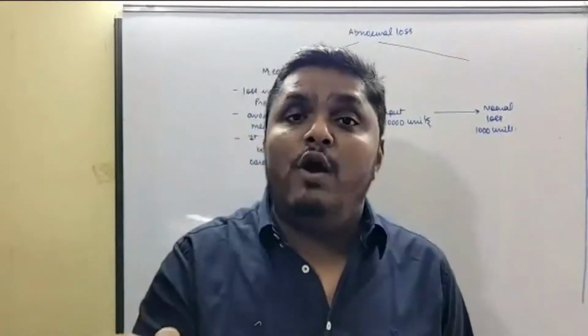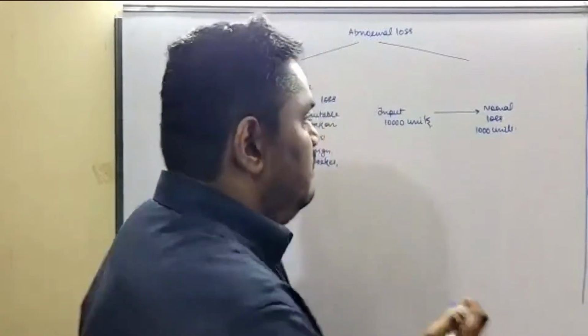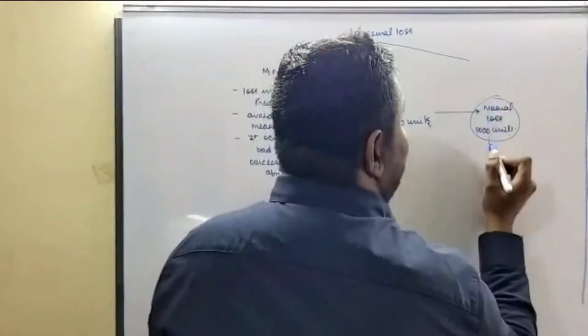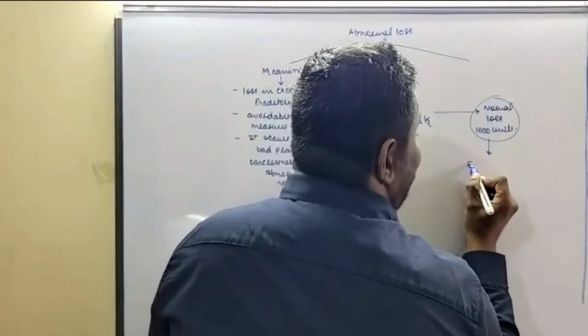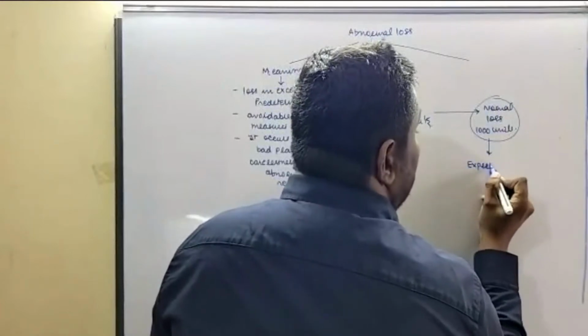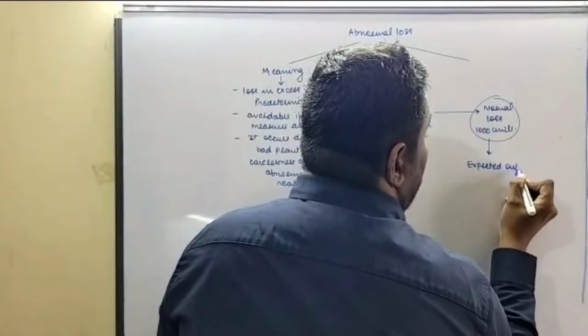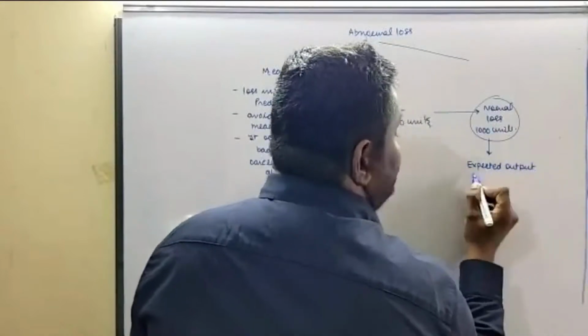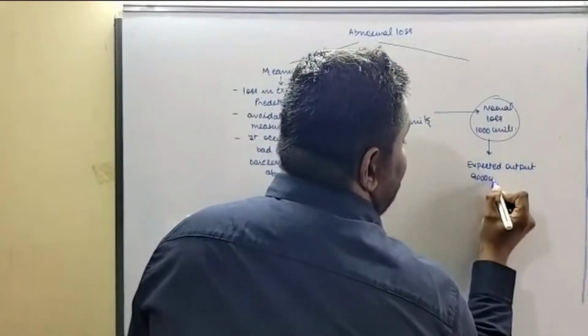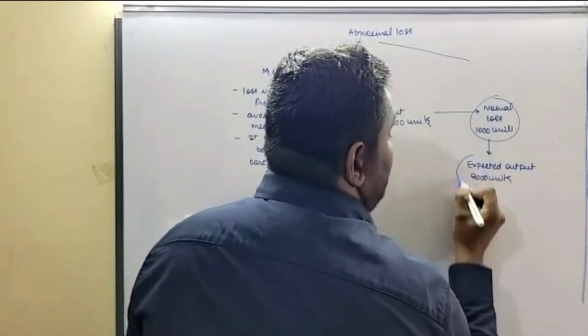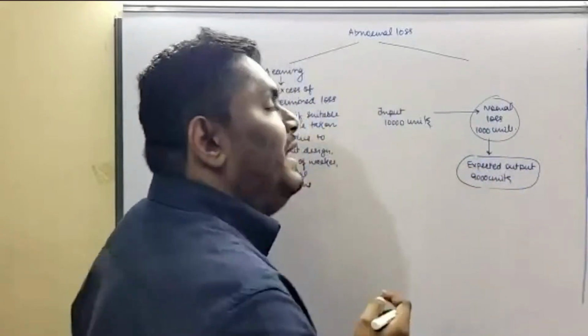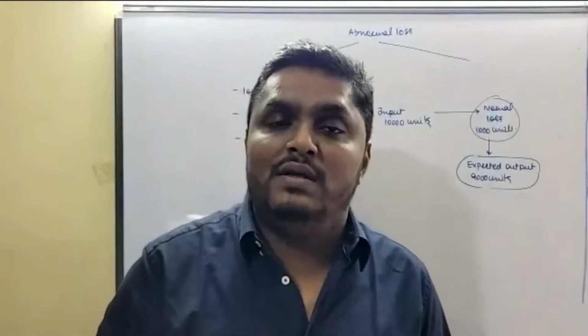So how much output was I expecting? Very simple. My expected output was 9,000 units. I was expecting an output of 9,000 units.